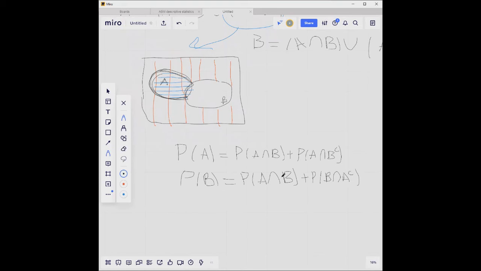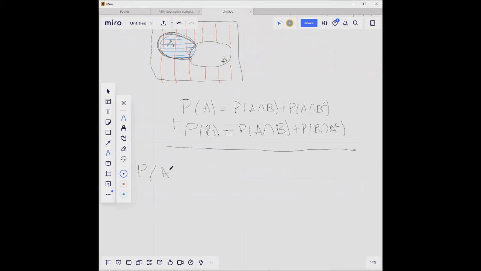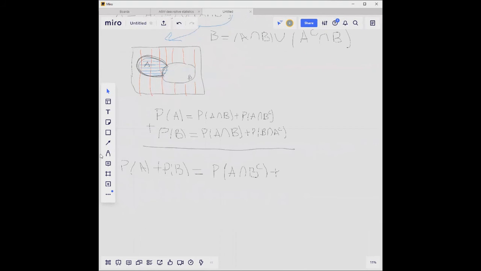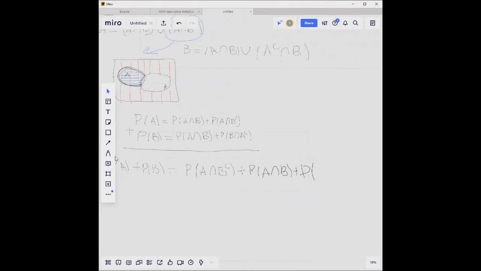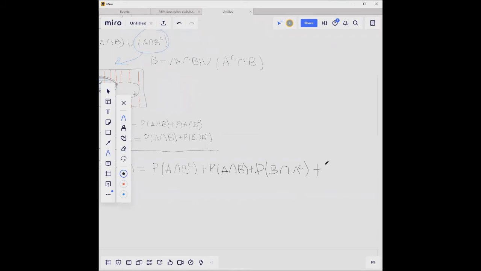All right, now let's sum these two. So we are going to have probability of A plus probability of B is equal to, let me write it down the following way, probability of A intersection with B complement plus probability of A intersection with B, plus probability of B intersection with A complement, and then we have another probability of A intersection with B. Okay, let's merge this together in the following square brackets.